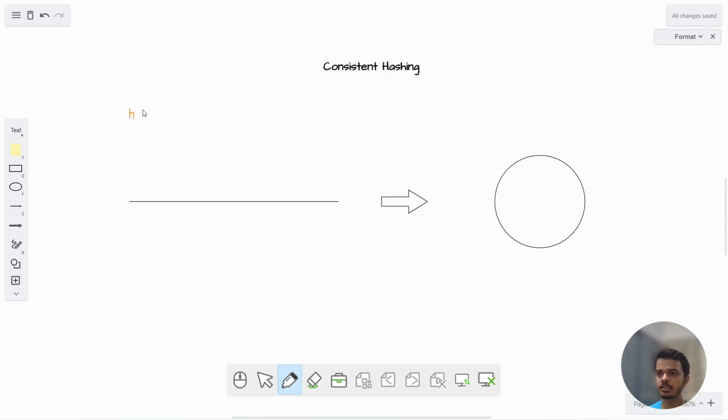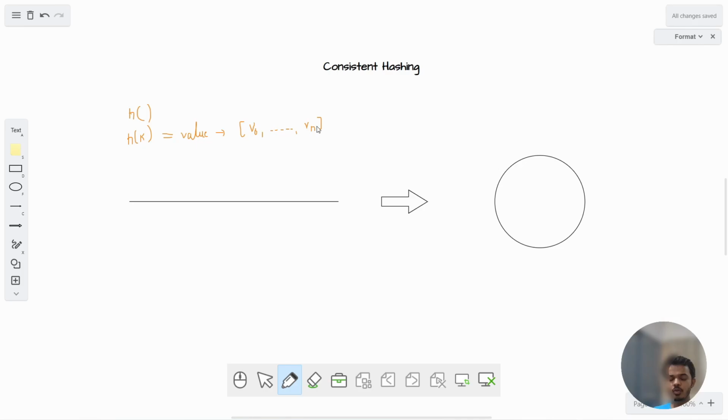To understand consistent hashing, consider a hash function h. What does h do? Whenever hash function h is given a key k, it gives some particular value. Now this value is going to be in the range of 0 to n, so the value could be anything between v0 to vn.